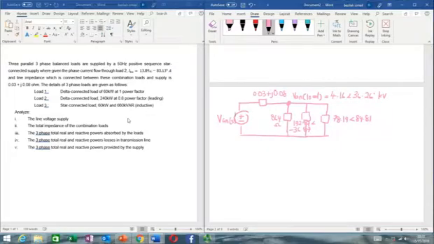Now that we have the equivalent circuit, we can calculate the supply voltage by using VDR.